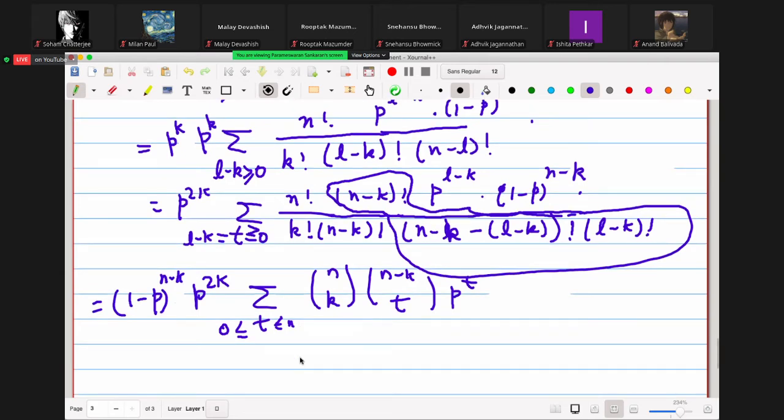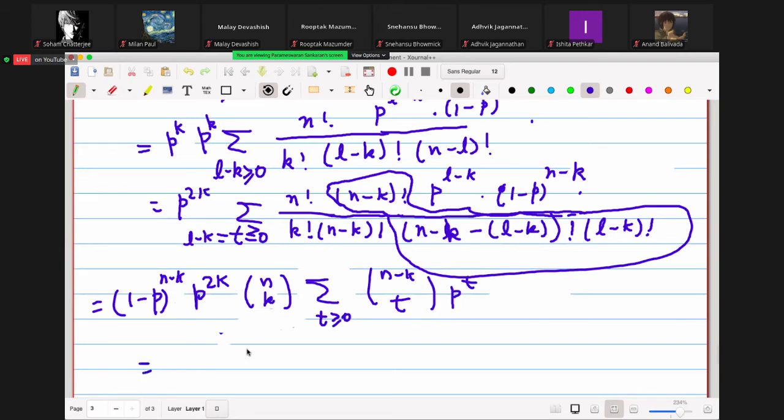Then this n choose k I can also pull out of the summation. N choose k, and then summation t, t is bigger than or equal to 0. Of course, it's limited by the upper limit. So this is what I have.